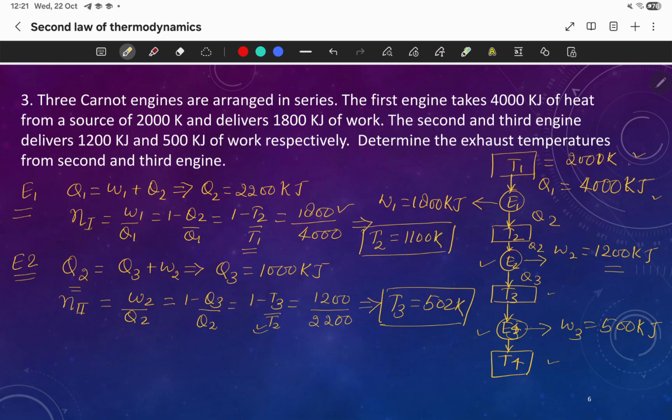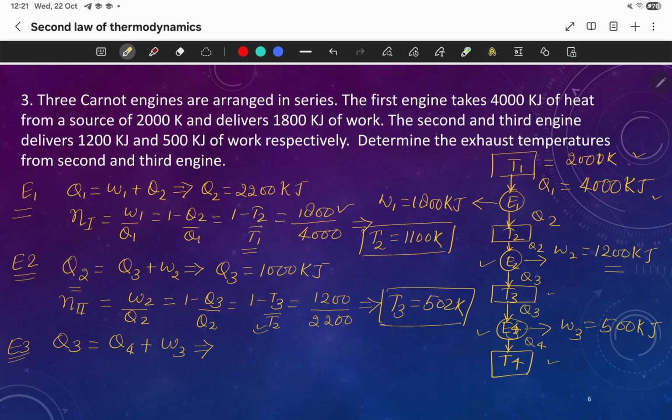Now come to engine 3. So this will be Q3 and this will be Q4. For engine 3, now write the energy balance equation. It will be Q3 equals Q4 plus W3.